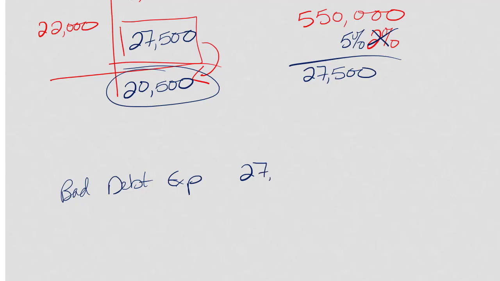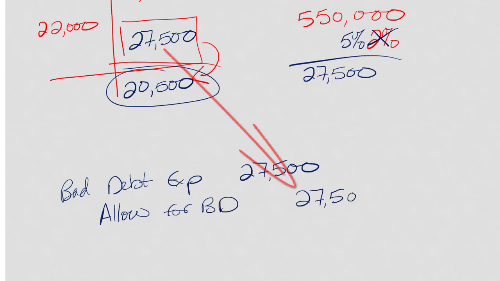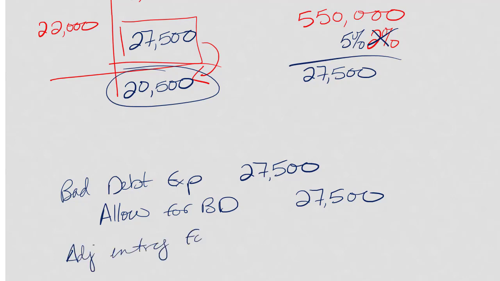Just for the fun. This is an adjusting entry for bad debt or credit sales or people ripping us off, however you want to say it.